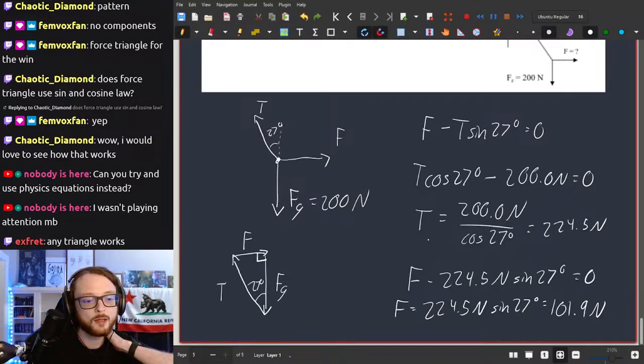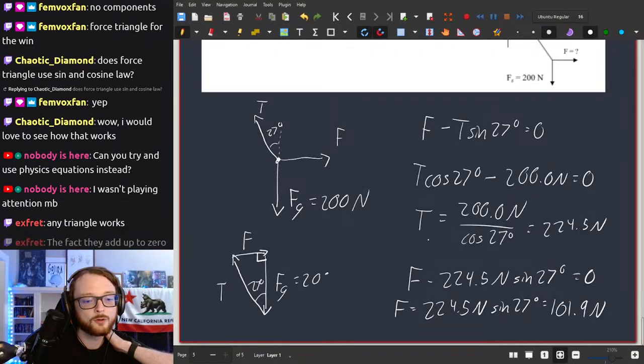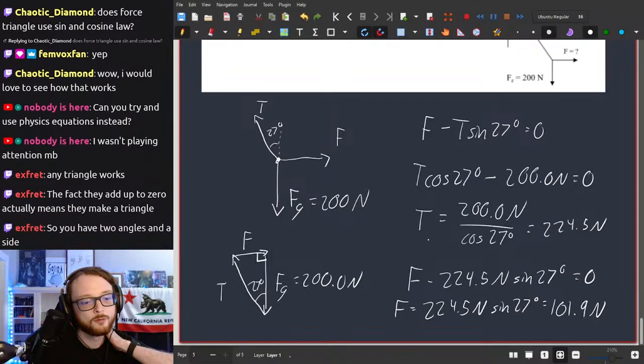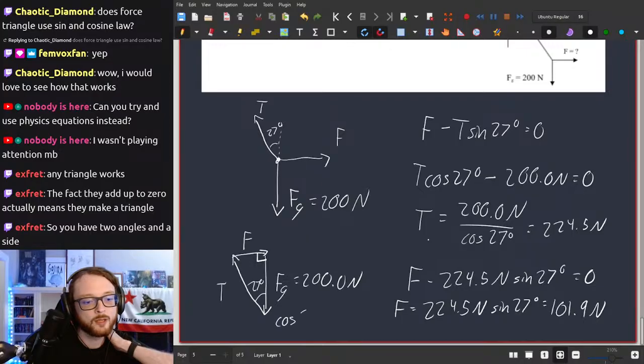And presumably, this side is 200. So with the right triangle, you just need to know a side length and another angle, and then trig will get you everything else. So theoretically, cosine of 27 degrees is equal to adjacent 200 over tension hypotenuse. And that would get you the same answer.